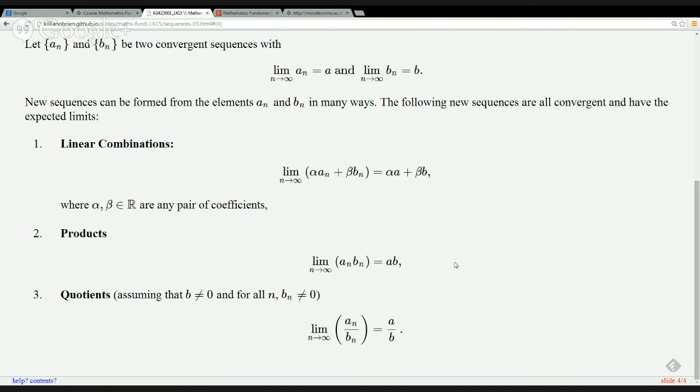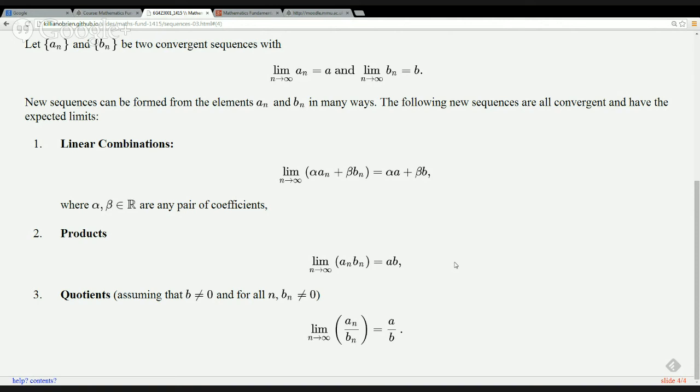The absolute value of a product is the product of the absolute values. But because I'm beyond both n1 and n2, I know the first one is less than root epsilon, as is the second factor. So both absolute values are less than root epsilon, which means their product has to be less than epsilon. So overall this absolute value is strictly less than epsilon. That's the statement I'm extracting out of this.